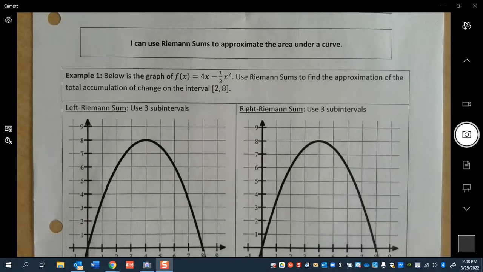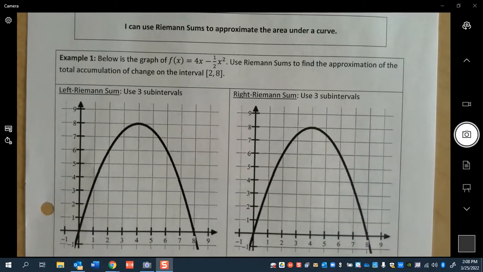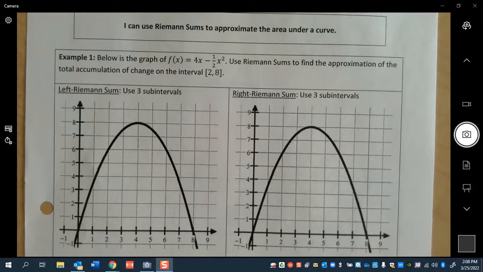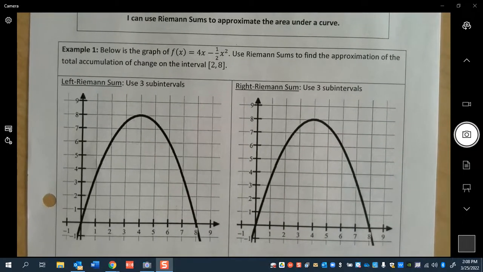These are about using Riemann sums to approximate the area under the curve. So here we have a graph of 4x minus 1/2 x squared, and we want to use the Riemann sums to find the approximation of the total accumulation of change on this interval.